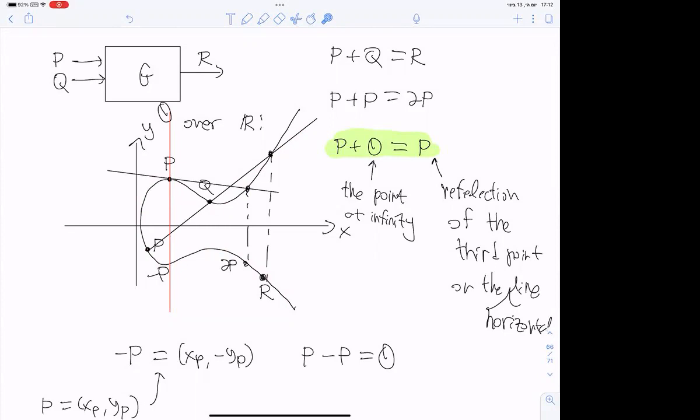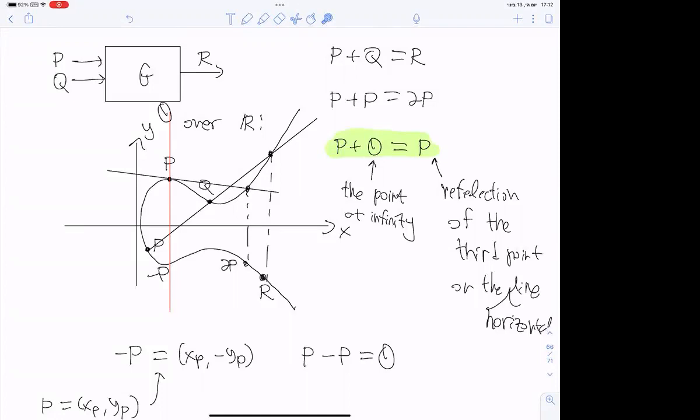This is how it looks over R. But if you think of the rational points modulo some prime, then it looks very different, without any order.